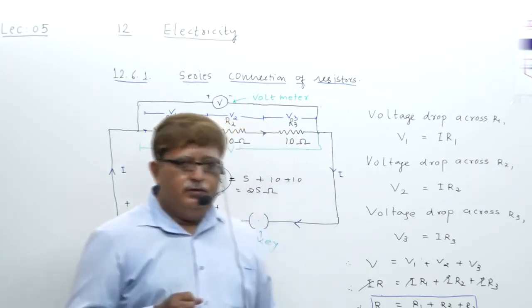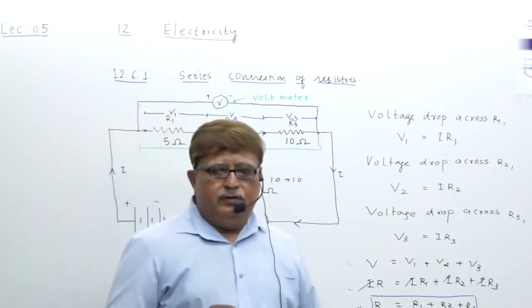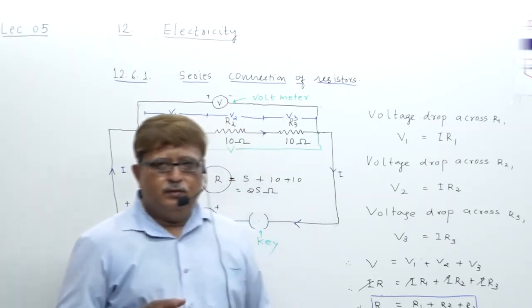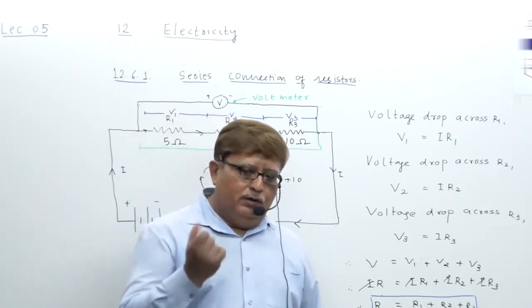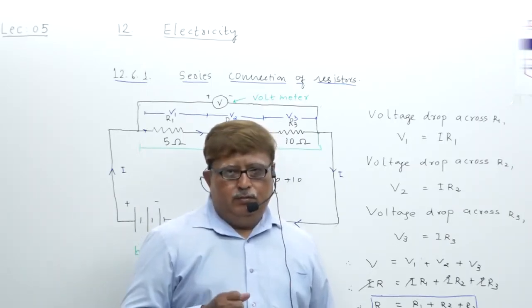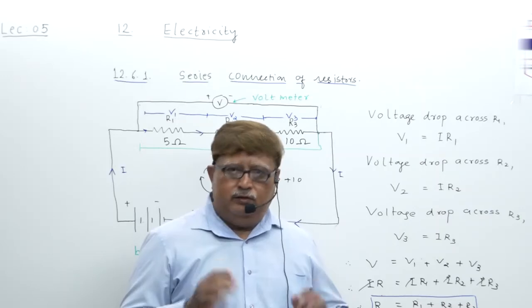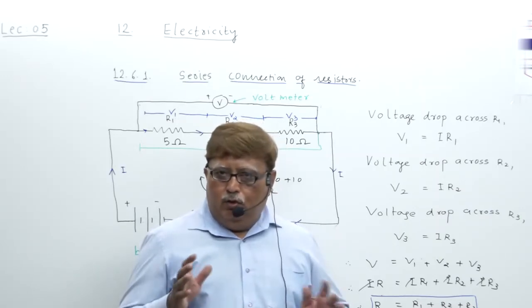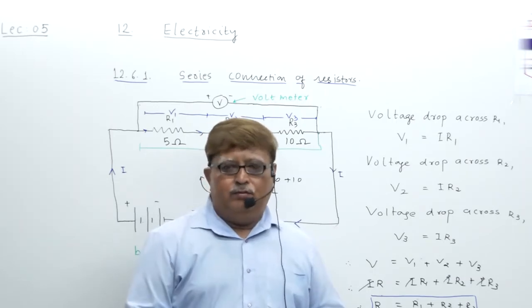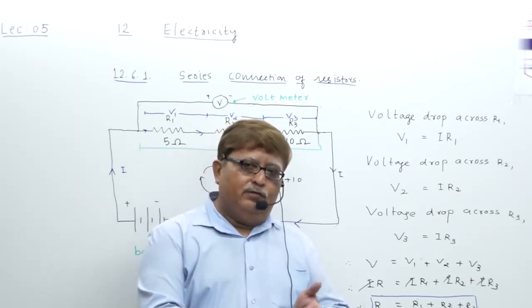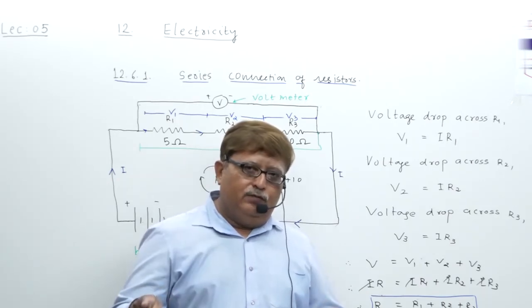Suppose, my dear student, all are connected in series, so 14 devices means 14 resistances are connected in series. So what is the overall resistance of your home? R1 plus R2 plus R3 plus R4 plus R5 up to R14.